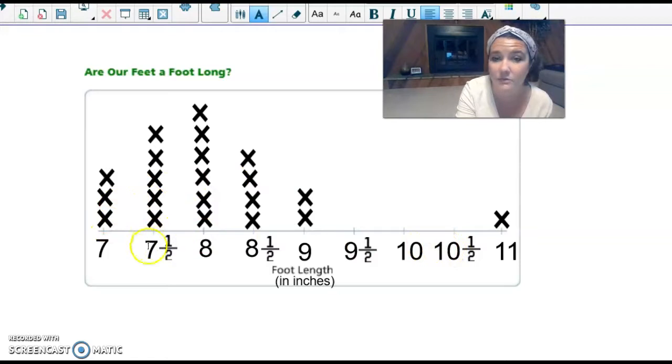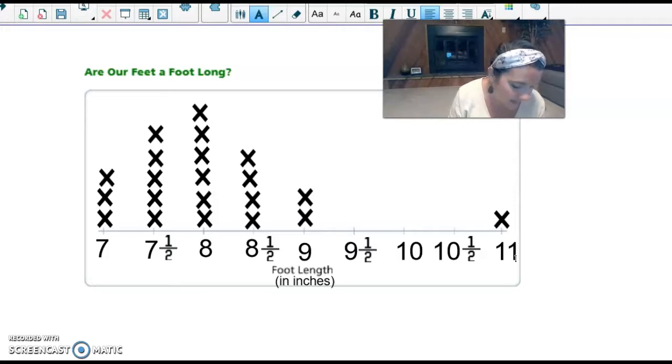So 7, 7.5, 8, 8.5, 9, 9.5, 10, 10.5, 11, okay? All right, so I would say that 11 inches is an outlier, okay?